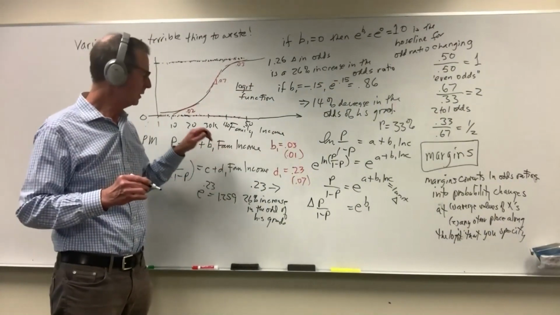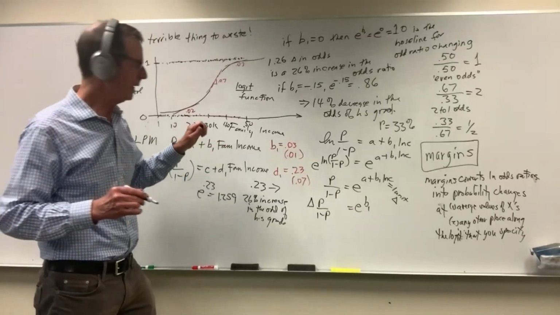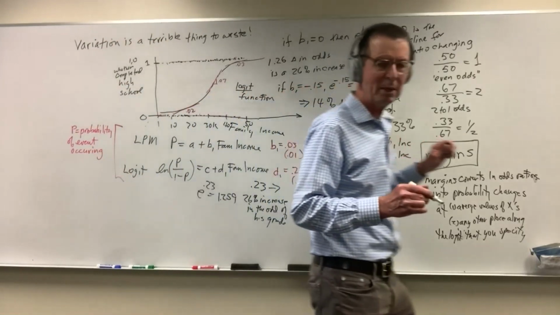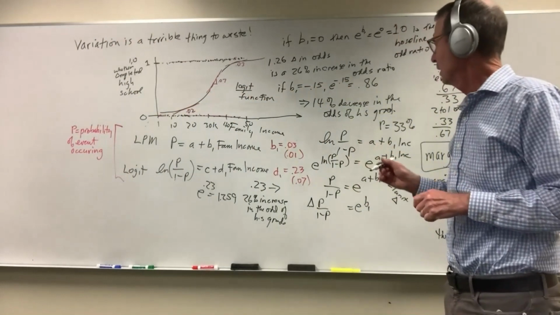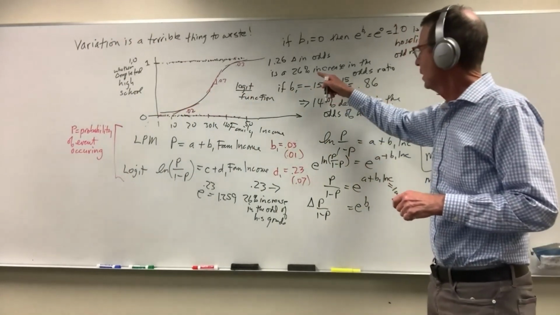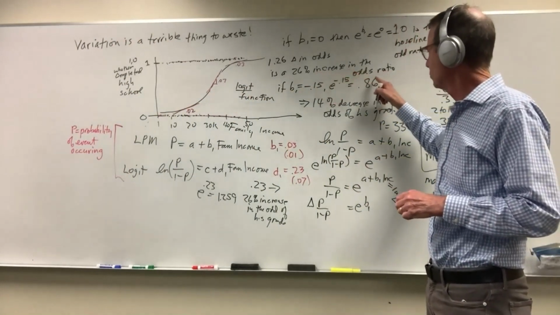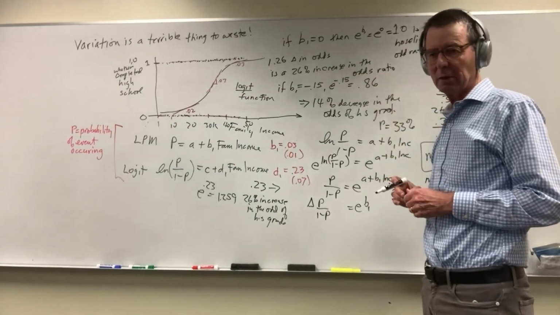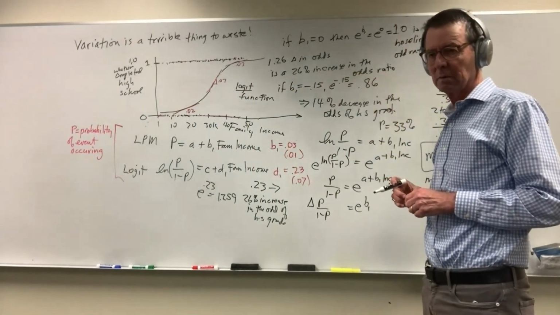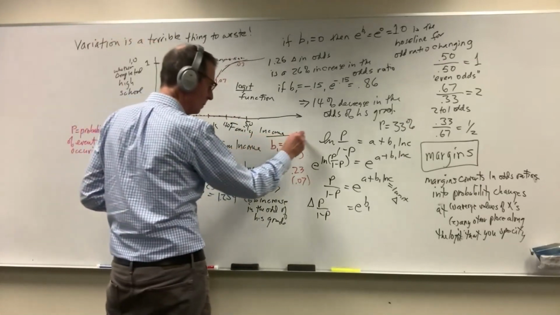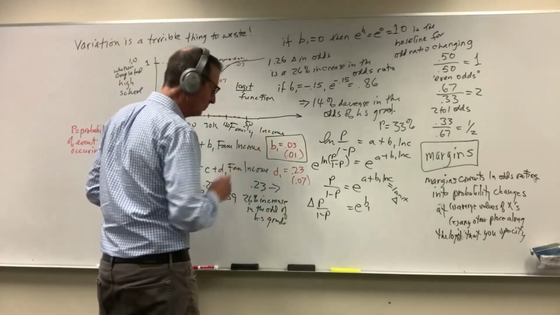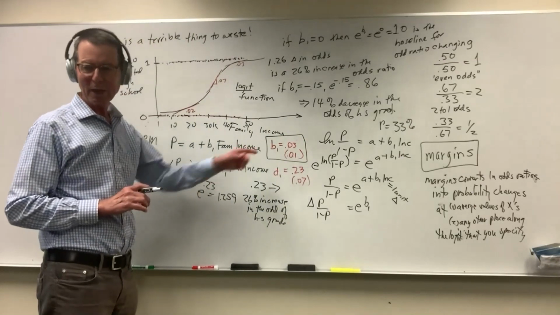In our case, income was scaled in tens of thousands of dollars, so a 1 unit change is an additional $10,000 of income for 15 years of childhood. That was associated with a 26% increase in the odds ratio of graduating high school. And as it turns out, at the mean, that's about 3 percentage points. That's where I got that 0.03 from.